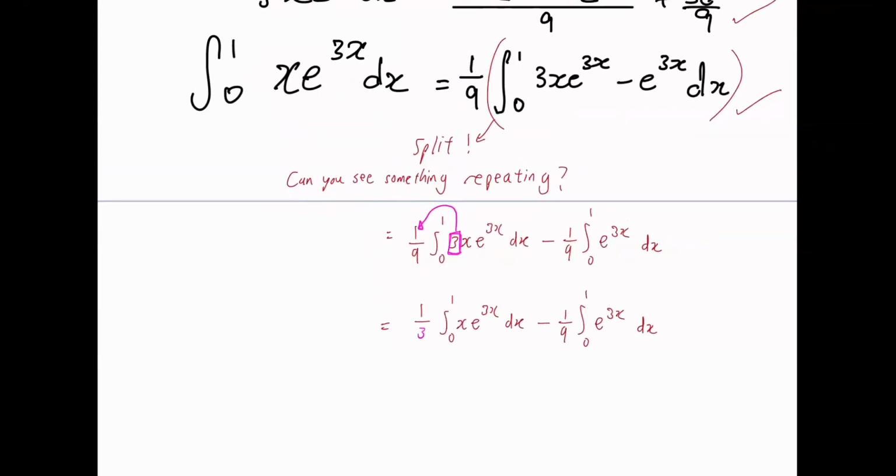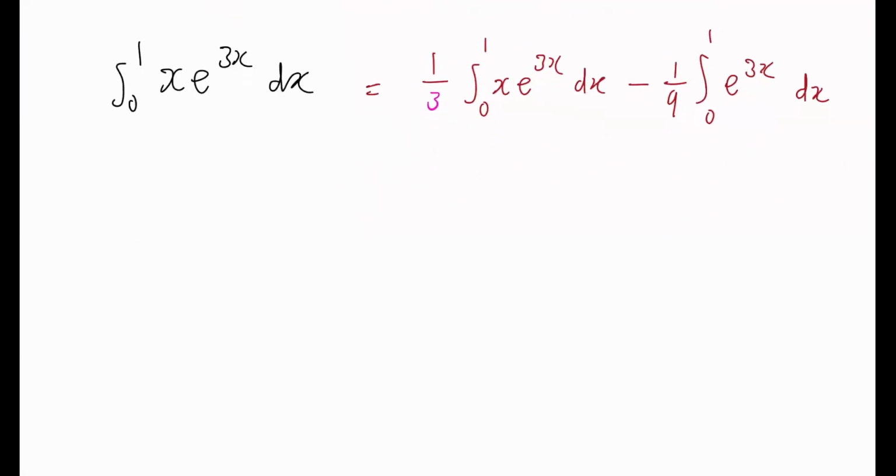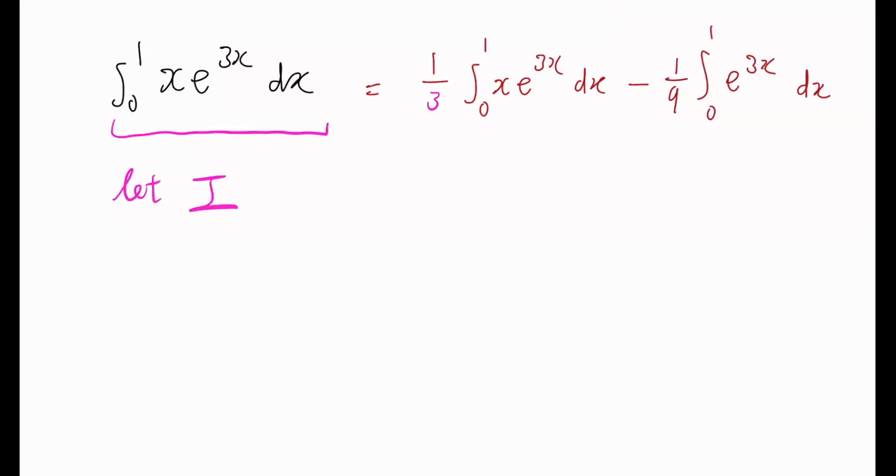Can you see or not? There's something repeating. Let me copy down the left-hand side first: the integral from 0 to 1 of x e 3x dx. Let's see if I've been writing the same thing over and over. Anything repeating? Yes, the first term. So how about we do something clever? We let capital I equal our answer, what the question asks for.